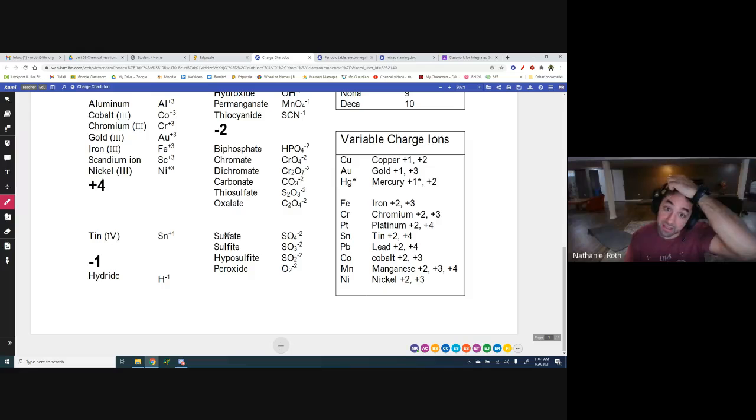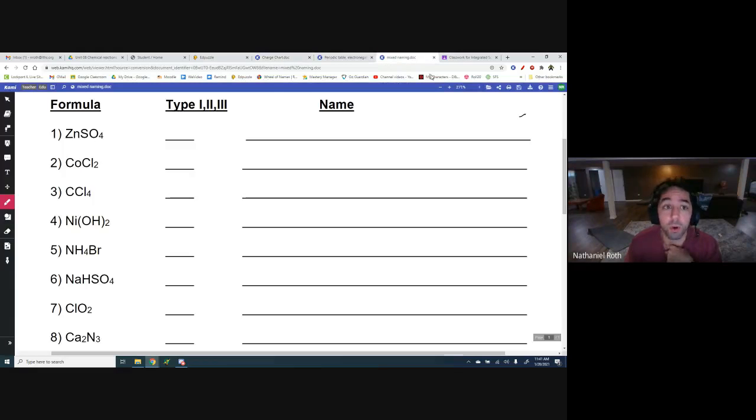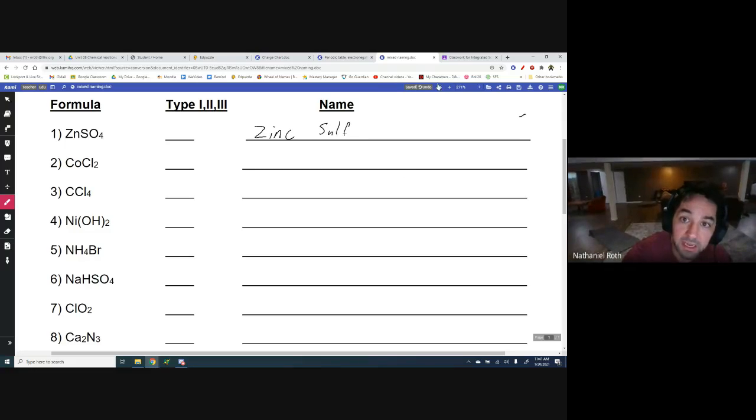That is sulfate, and it does have a charge of -2, which actually doesn't matter in this case, but it is sulfate. So we are going to name zinc just normally. It doesn't need Roman numerals like we established. And then we are going to name the second part sulfate. That's a really bad A, sorry. There we go. That's totally better.